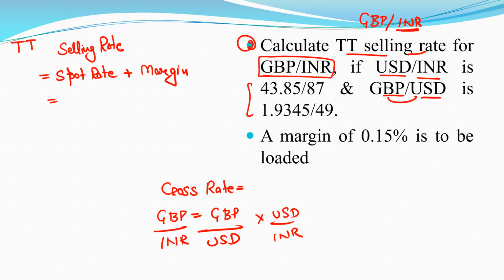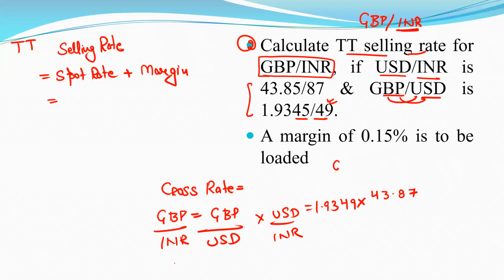One thing more: here we are doing the selling rate, so we always sell at the higher price. GBP/USD we will take as 1.9349, the selling rate, into 43.87.